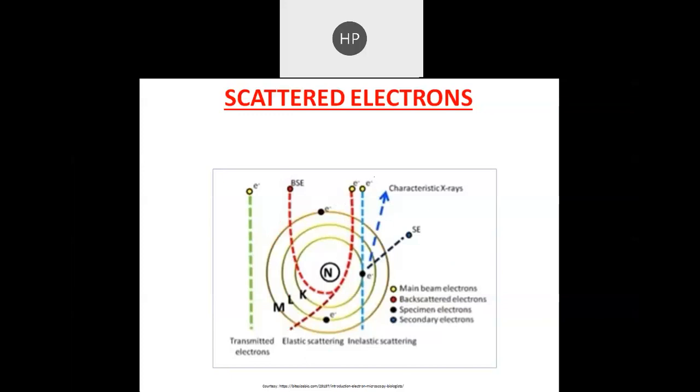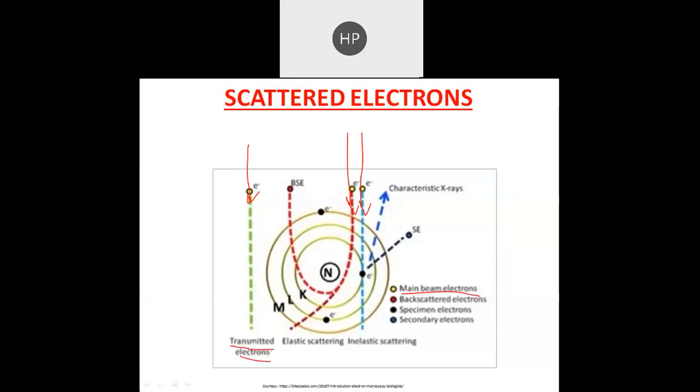These yellow electrons are the main beam electrons, the beam which is directed at the specimen. Now, the electron which is out of the range of this atom will be directly transmitted, so here it is a transmitted electron.